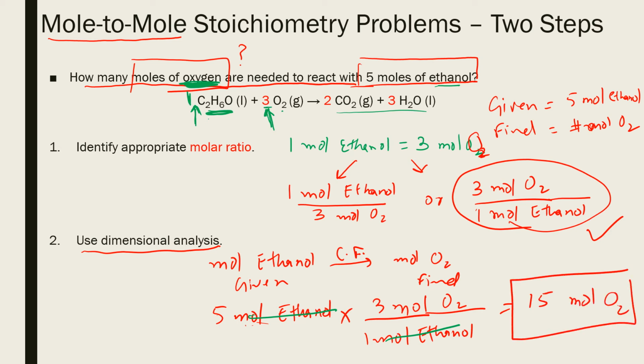So in other words, we found that if we have 5 moles of ethanol, we would need 15 moles of oxygen to react with it. And this is the stoichiometric calculation problem.